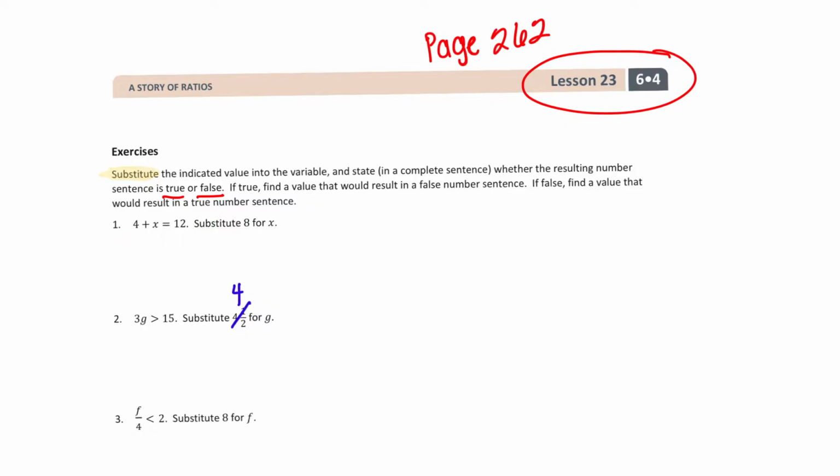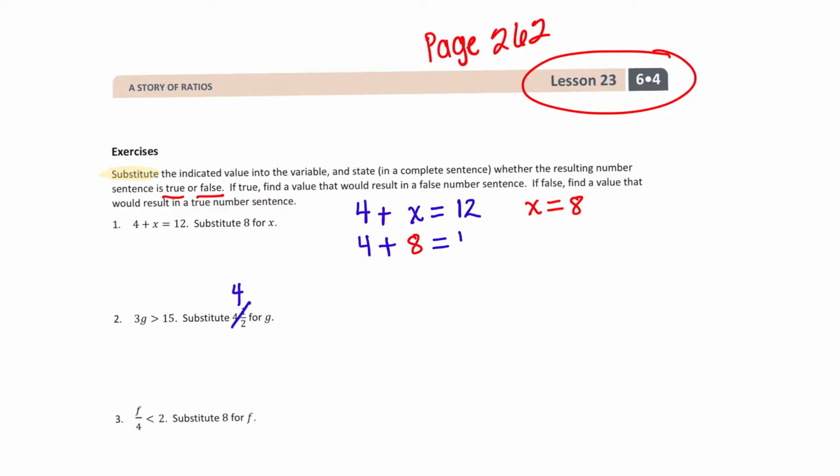On the first one, you have 4 plus a number equals 12. We're going to substitute 8 for x. So I am going to rewrite the equation so that I can have a little more space. I already know that the value of x is 8, so instead of writing the x, I am going to write the 8.